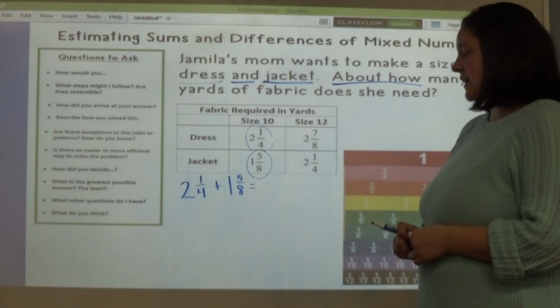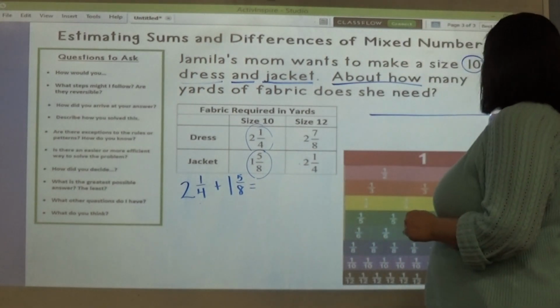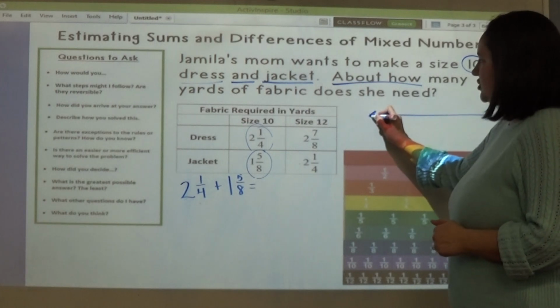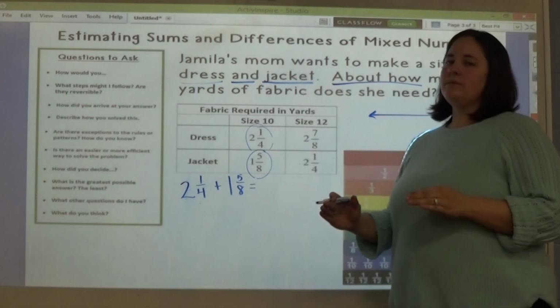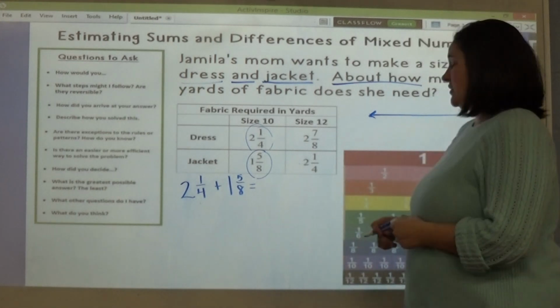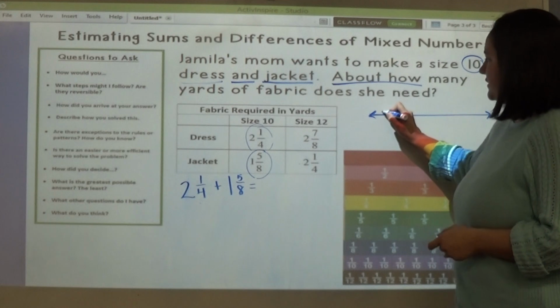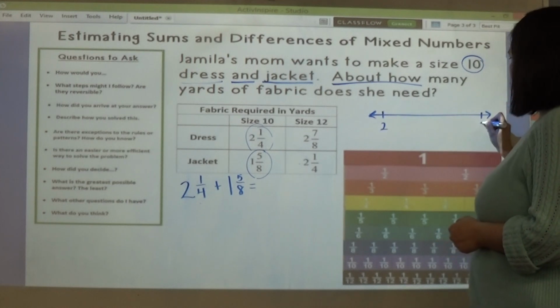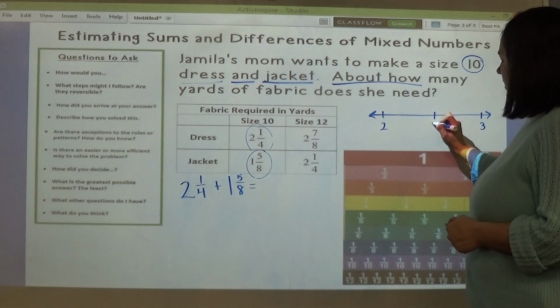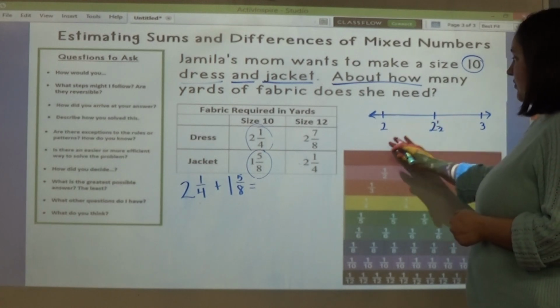So we're estimating. When we look at 2 1/4, I'm going to draw a number line to show you where 2 1/4 would be, and then decide what benchmark fraction it's closest to. 2 1/4 is between 2 wholes and 3 wholes. 2 1/2 is directly in between 2 and 3.